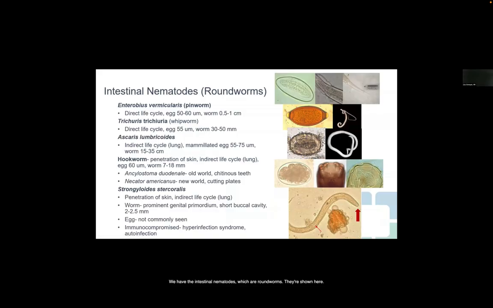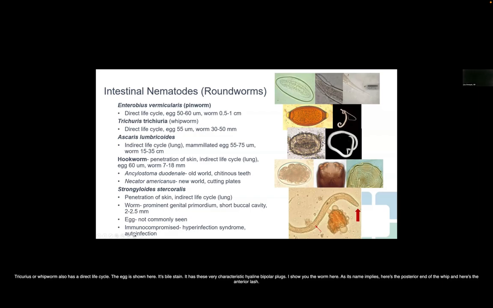We have the intestinal nematodes, which are roundworms. They're shown here. We have Enterobius vermicularis, which is pinworm, and has a direct life cycle. The egg is about 50 to 60 microns in size. I'll point out the characteristic lateral alae around the mouth of the worm, as well as the pin point of the posterior portion.